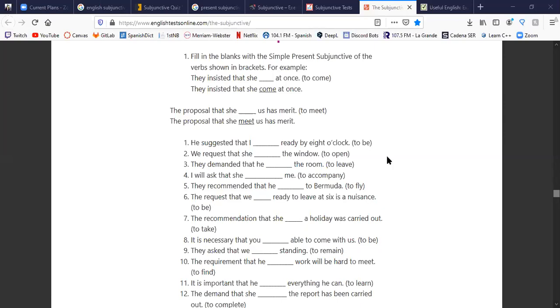B. It is necessary that you be able to come with us. Perfect. Okay, let's have David answer the next one. They asked that we blank standing. They asked that we remain standing. Okay, good.